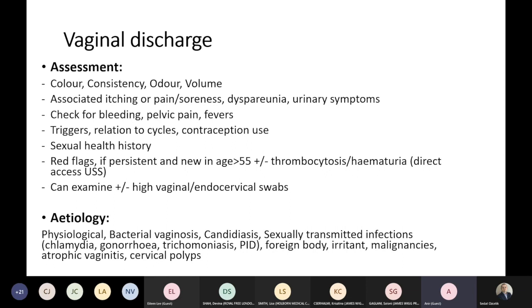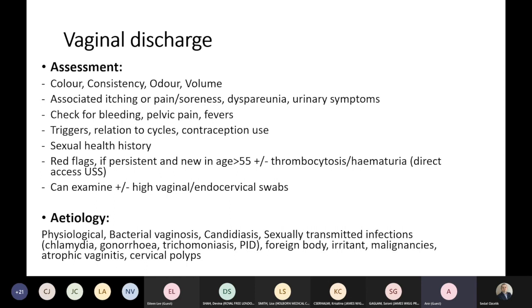But the NICE guidelines suggest if someone's over the age of 55 with persisting vaginal discharge and they've got either high platelets or they've got some blood in their urine, you may want to think about a vaginal ultrasound scan just to exclude an endometrial cancer, because it's a bit strange to have persisting vaginal discharge with normal swabs. If symptoms are slow to improve with antibiotics, you may want to consider examination with vaginal swabs.